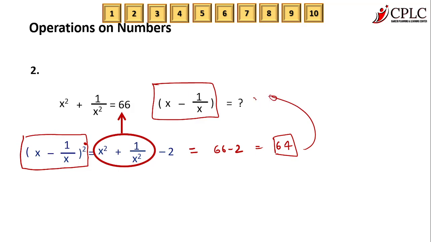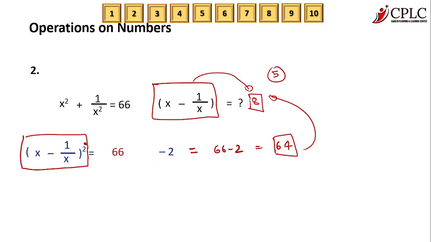So obviously the square root of 64 is 8. And I think the answer has to be 8 for this particular question. This is the way you can solve this. The value of x minus 1 upon x is 8. So the formula was known to us. All we have to do is simplify.